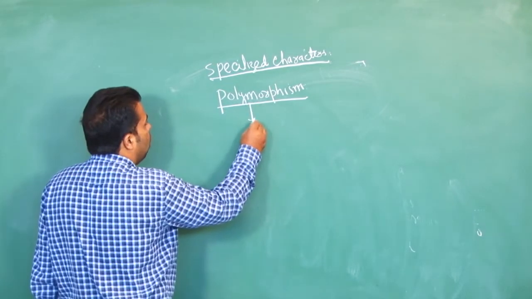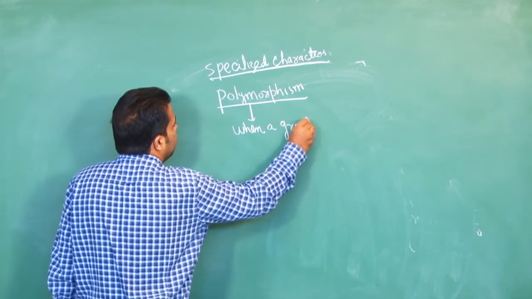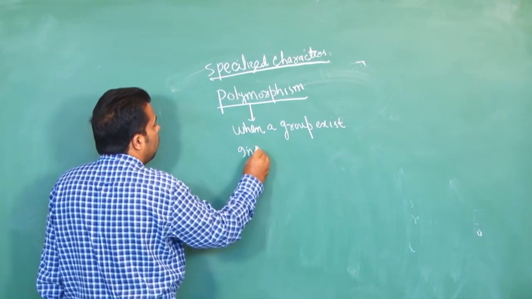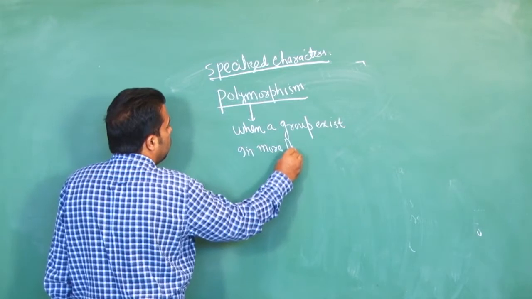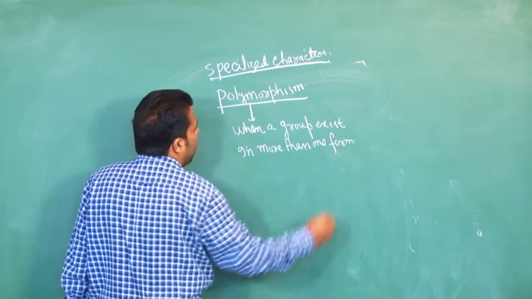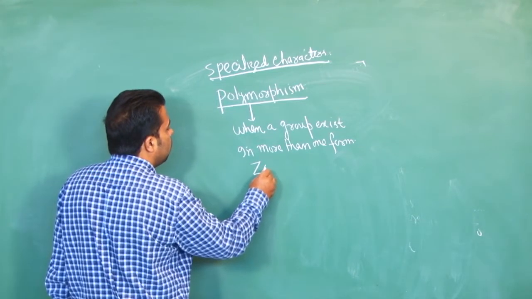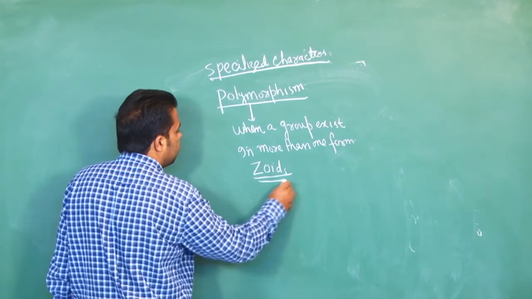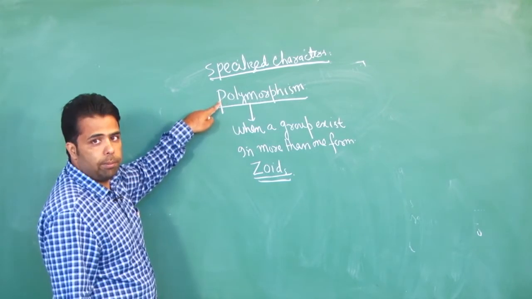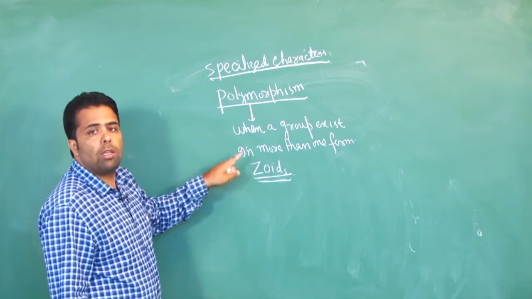When a species or a group exists in more than one form, and these forms are called zooids. So the most important feature of Coelenterata is polymorphism. That is, they exist in more than one form, and these forms are called zooids.